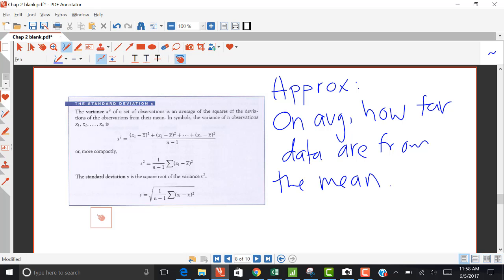So it's trying to measure how far the observations are from the mean, the spread from the mean. I'm going to give you some examples to show you what high standard deviation would look like and what low standard deviation would look like.